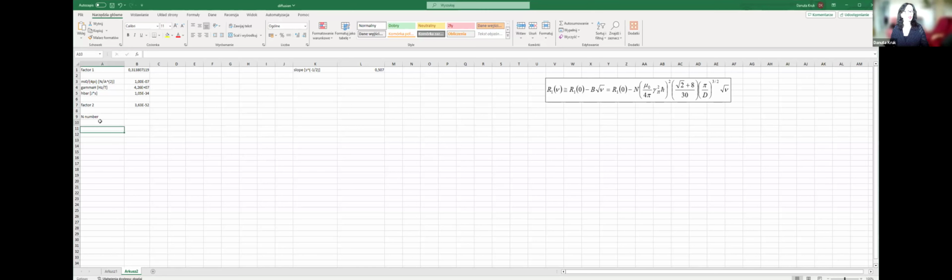The question is, how many hydrogen atoms are in a cubic meter of glycerol?